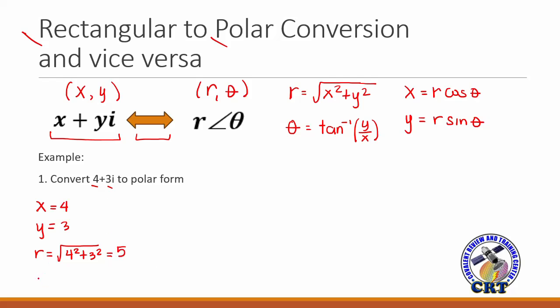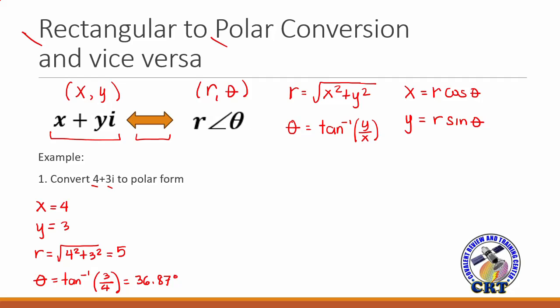Then, to solve for theta, this is the inverse tangent of y over x. So the inverse tangent of 3 over 4 is equivalent to 36.87 degrees.